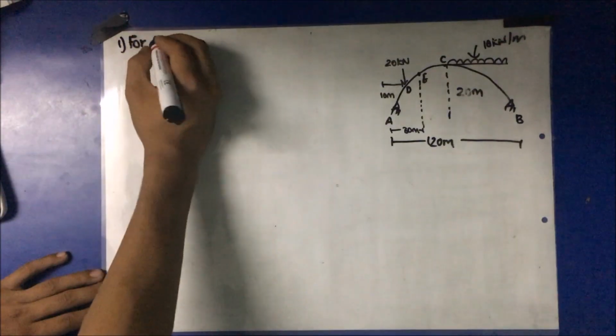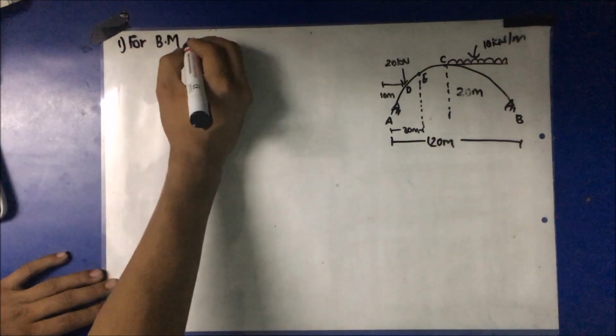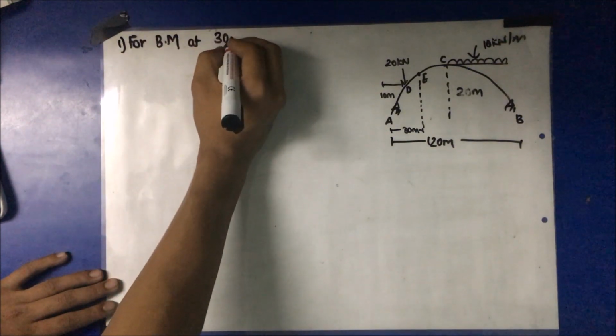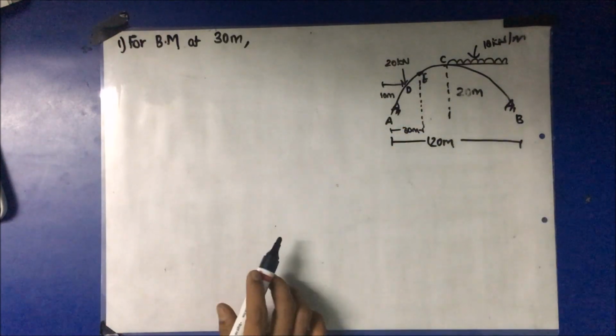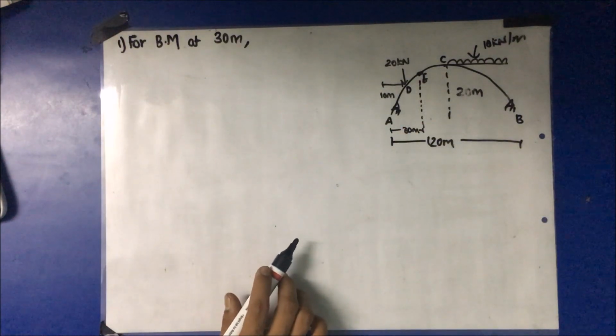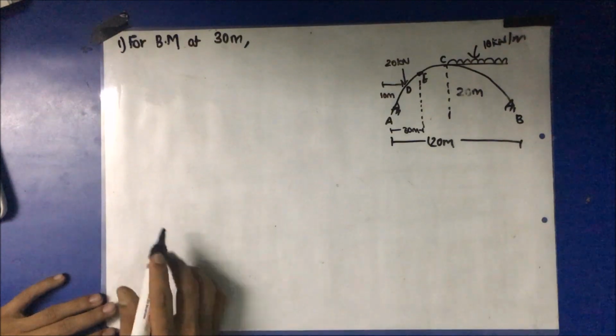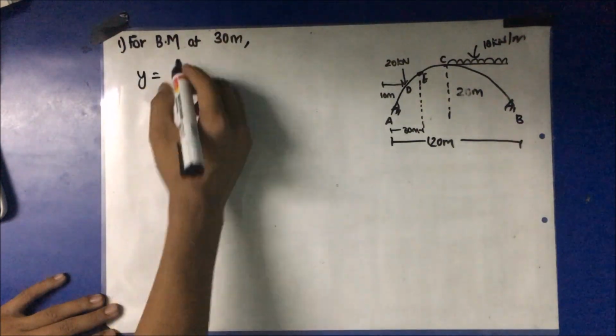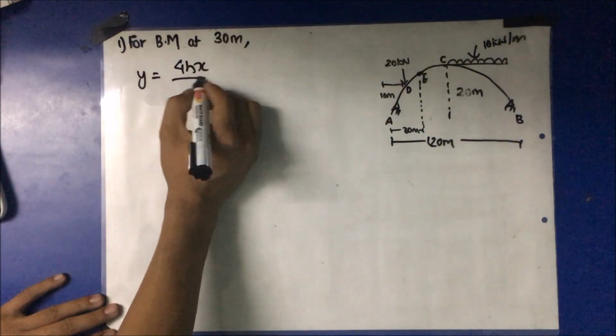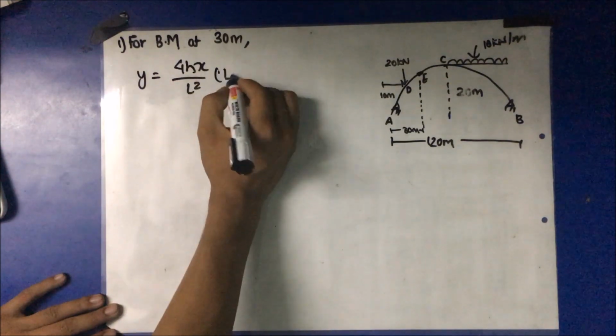For bending moment at 30 meter from left, that is at point E, we have to find some terms. y is equal to, as we know, 4hx divided by l square, times (l minus x).